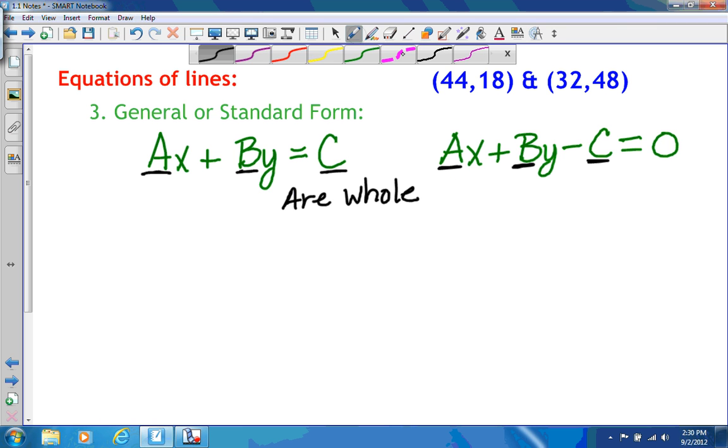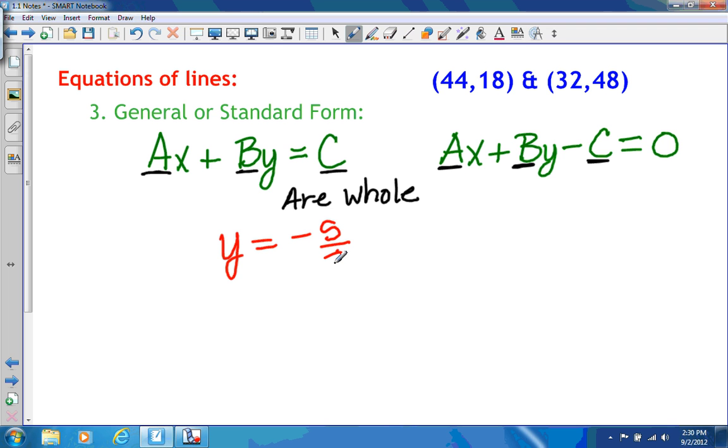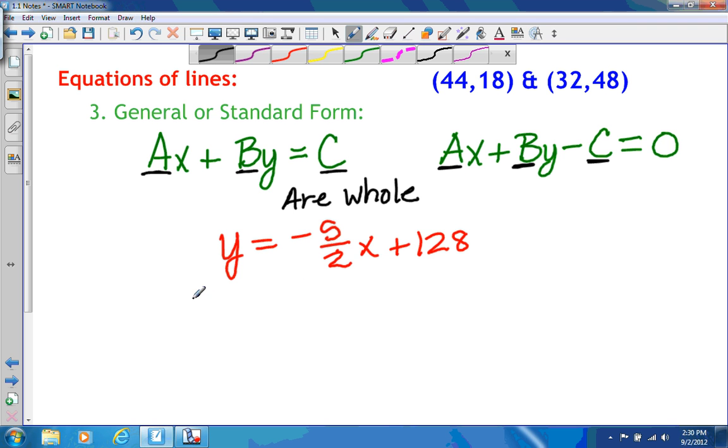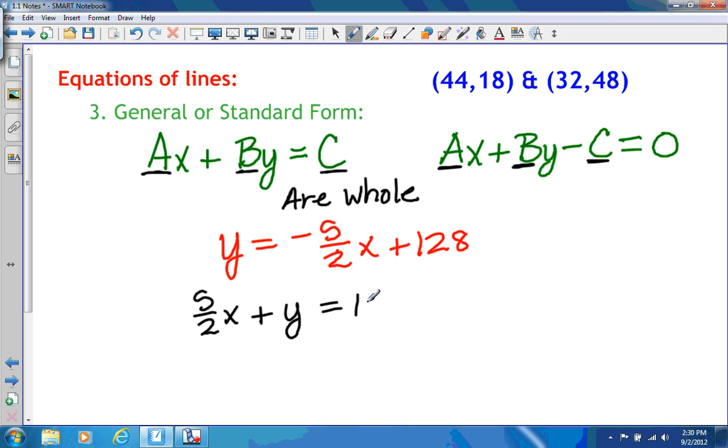So using our equation that we know already, from these 2 points, we know we have an equation of y equals a negative 5 halves x plus 128. So if we bring the x value to the other side, it becomes a positive 5 halves x plus y equals 128.